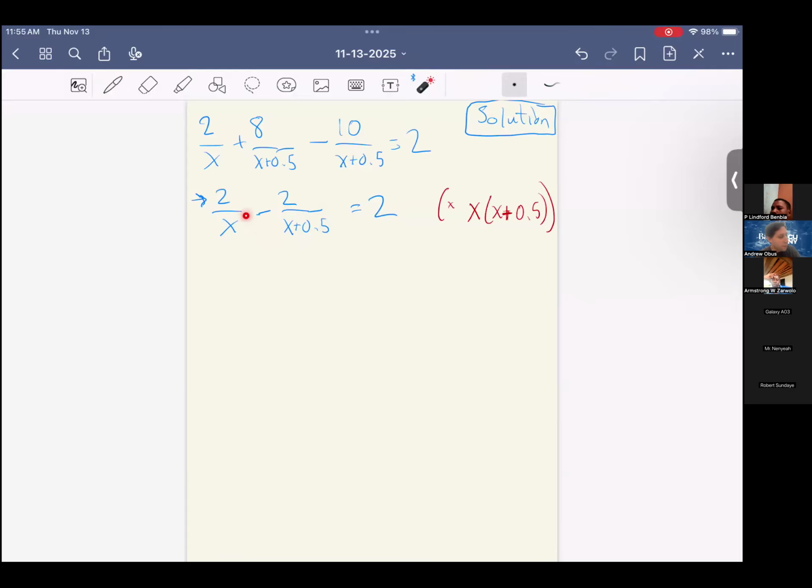If we multiply this first term by x times x plus 0.5, the x cancels out with the x down here, and we're left with 2 times x plus 0.5. Then minus, here the x plus 0.5 cancels out with this x plus 0.5, and we're left with 2x. And this equals 2 times x plus 0.5.